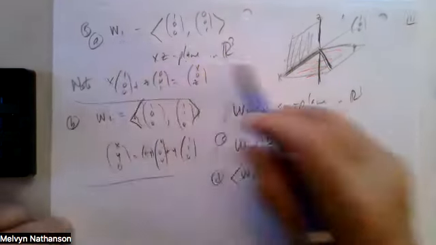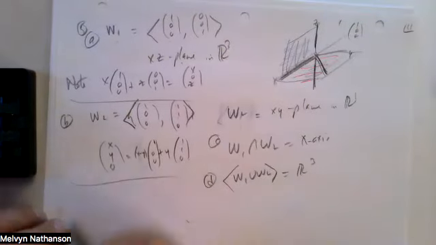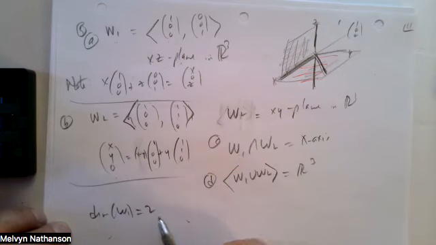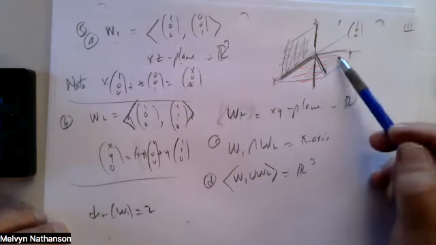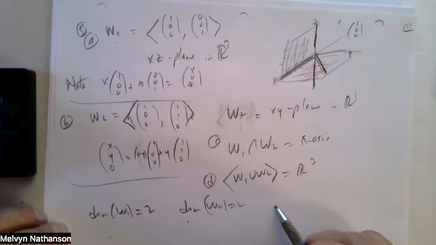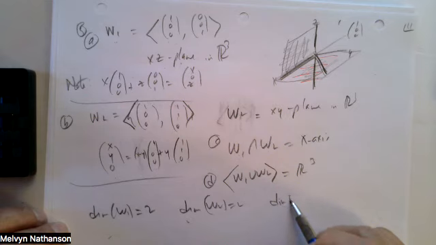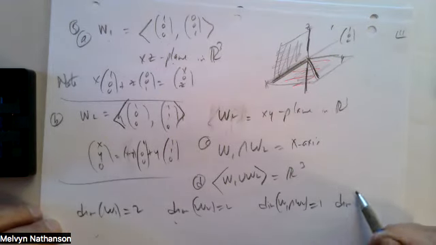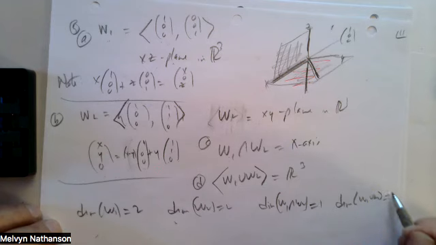Now, if you look at W1, that's a plane. The dimension of W1 is 2. W2 is another plane. The dimension of W2 is 2. The intersection is a line that has dimension 1. And the dimension generated by the union is 3.